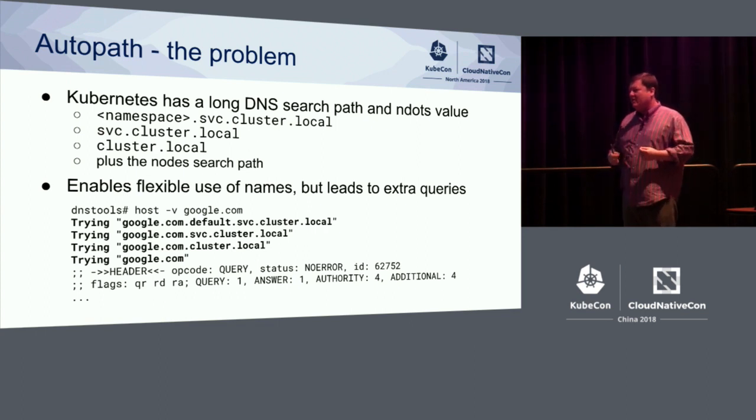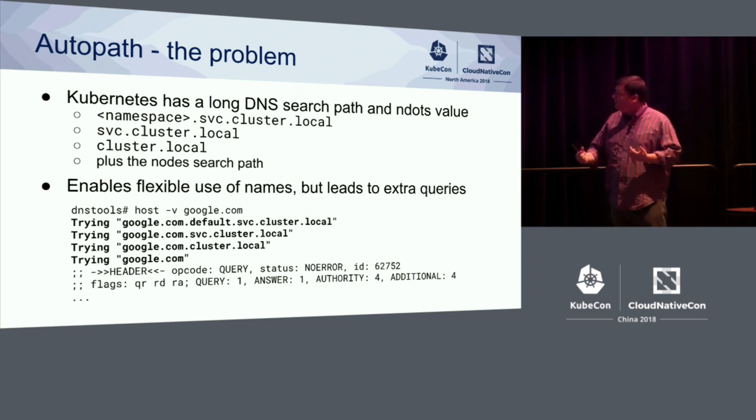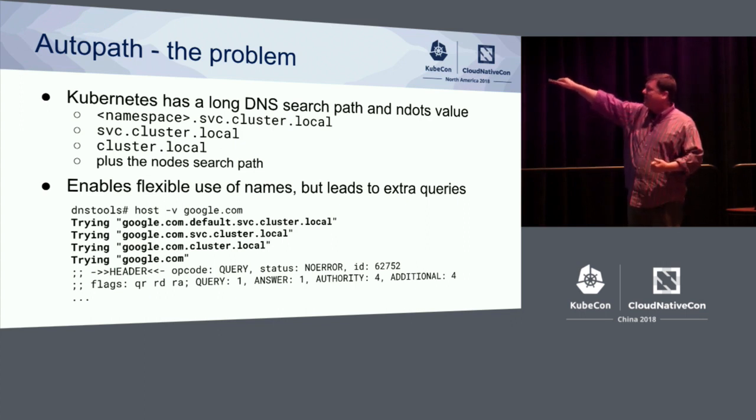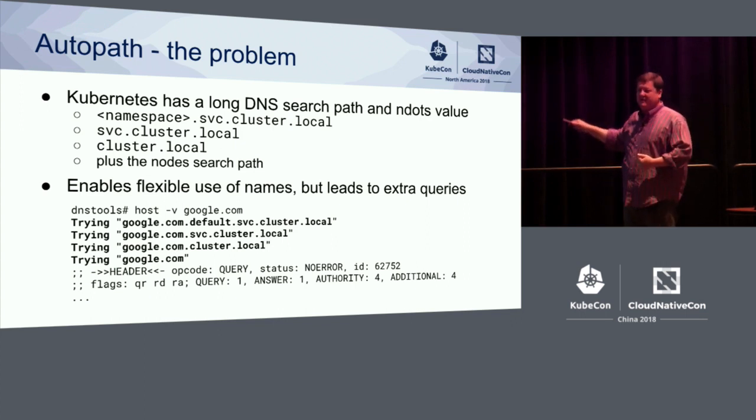So when you go to make a query, you can use a name just like foo, and it'll check if that's the name of a service in the namespace of the pod that's making the query. If not, it'll walk this whole path from namespace.service.cluster to service.cluster.local, cluster.local, and then all of the node's search paths.